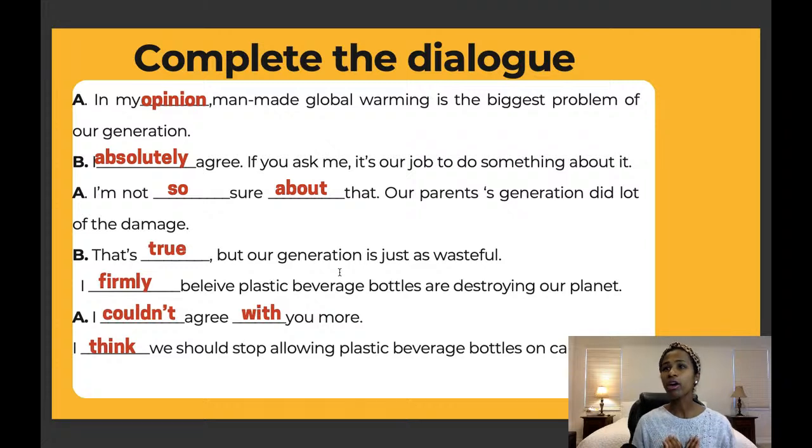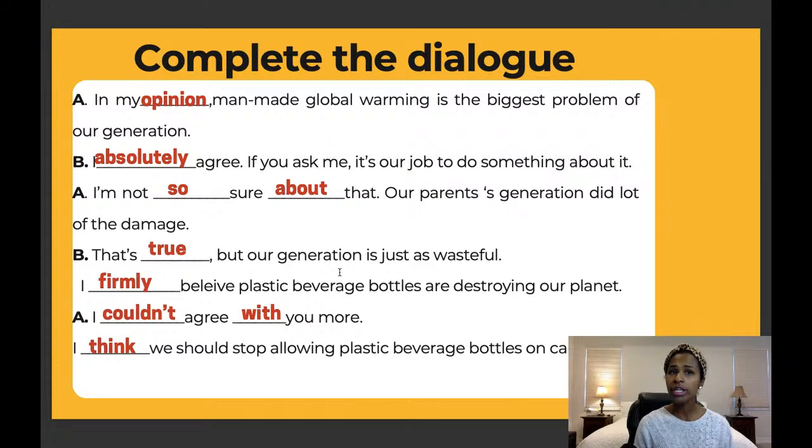"In my opinion, man-made global warming is the biggest problem of our generation." "I absolutely agree. If you ask me, it's our job to do something about it." "I'm not so sure about that. Our parents' generation did a lot of the damage."